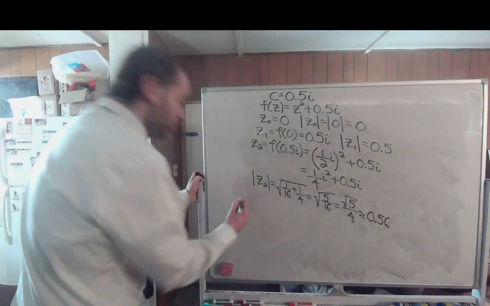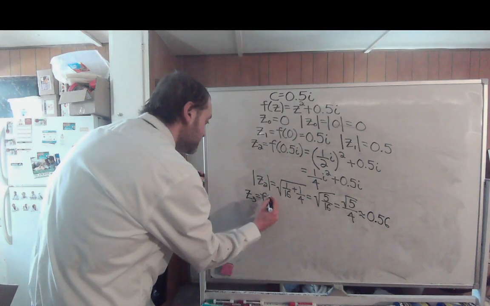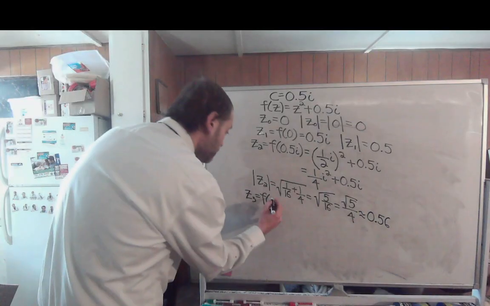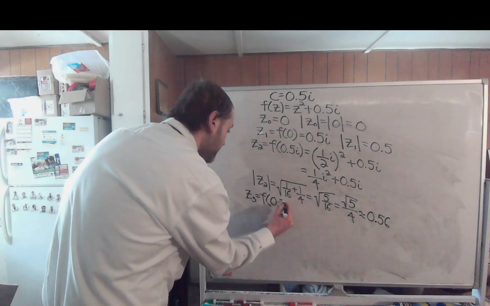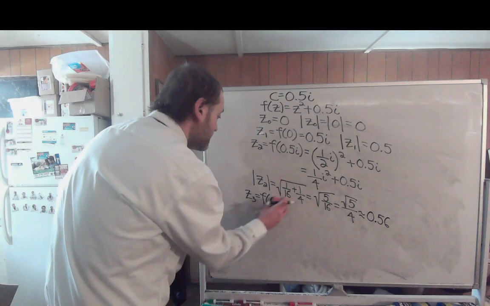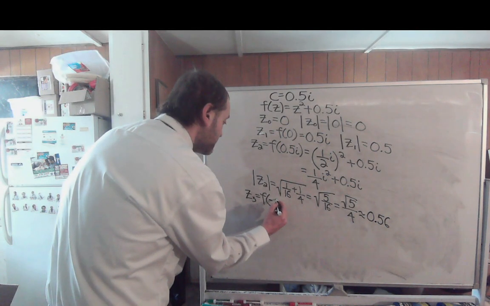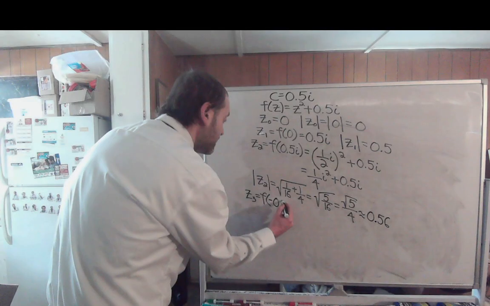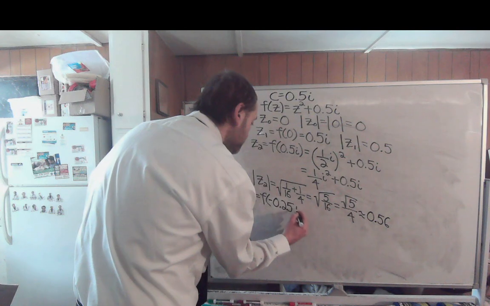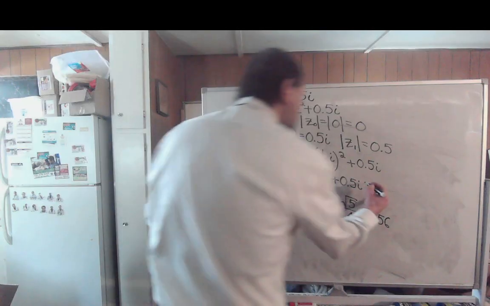And of course, we've got to find z sub 3, right? Which would be f of z sub 2. Z sub 2 was negative 0.25 plus 0.5i. I should probably expand that, right?